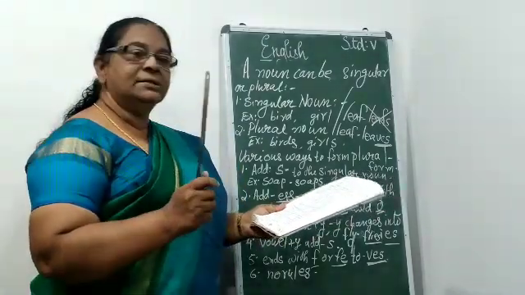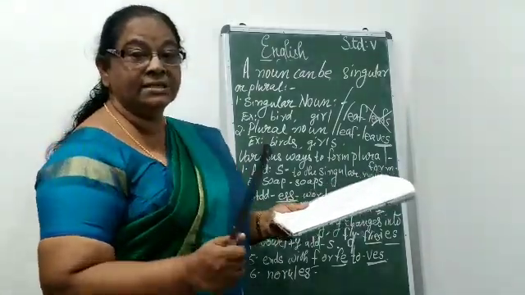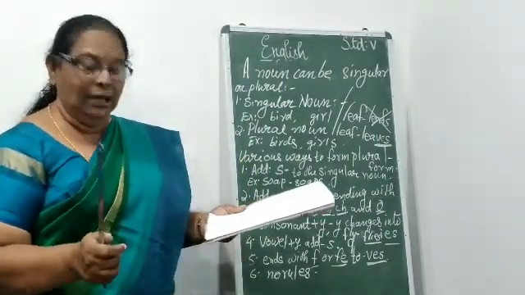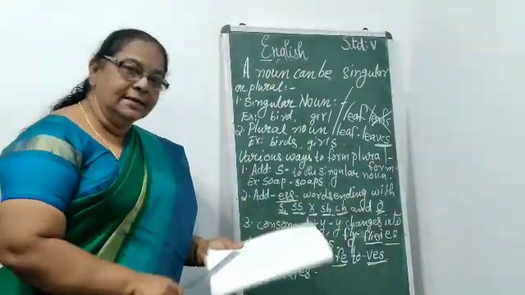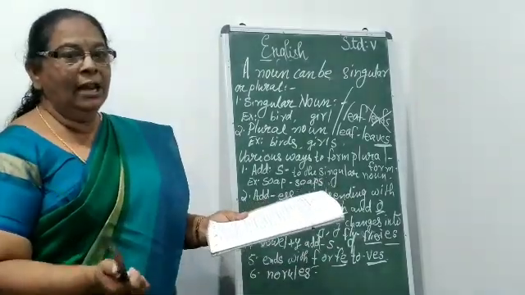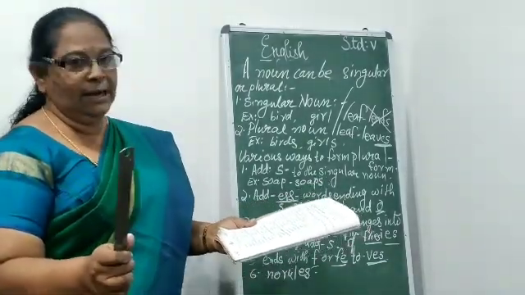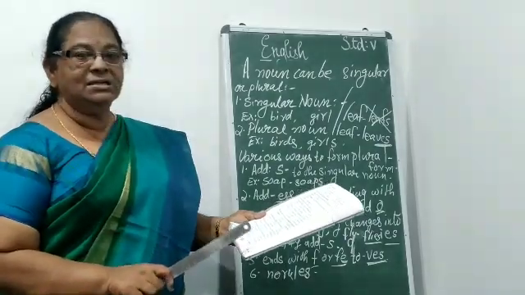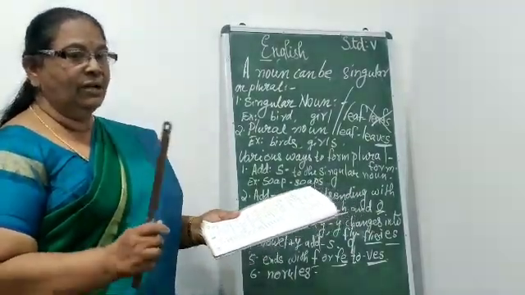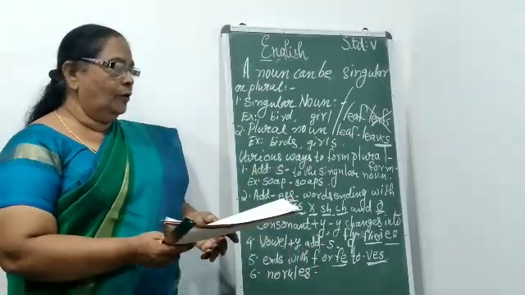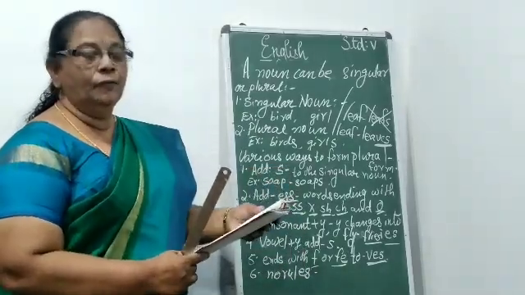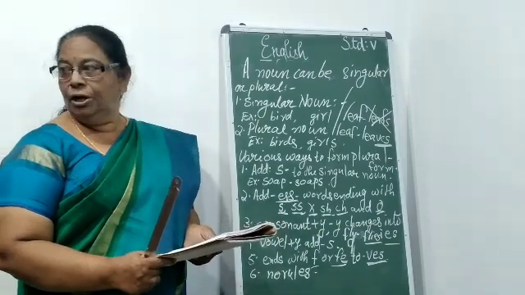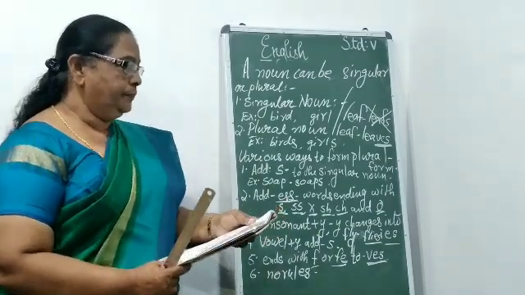The scissors that you are using, that is also in plural form only. We are using the same word for singular and plural. Is it clear? Okay, like trousers, spectacles, scissors. Like shorts, that is also in both forms.